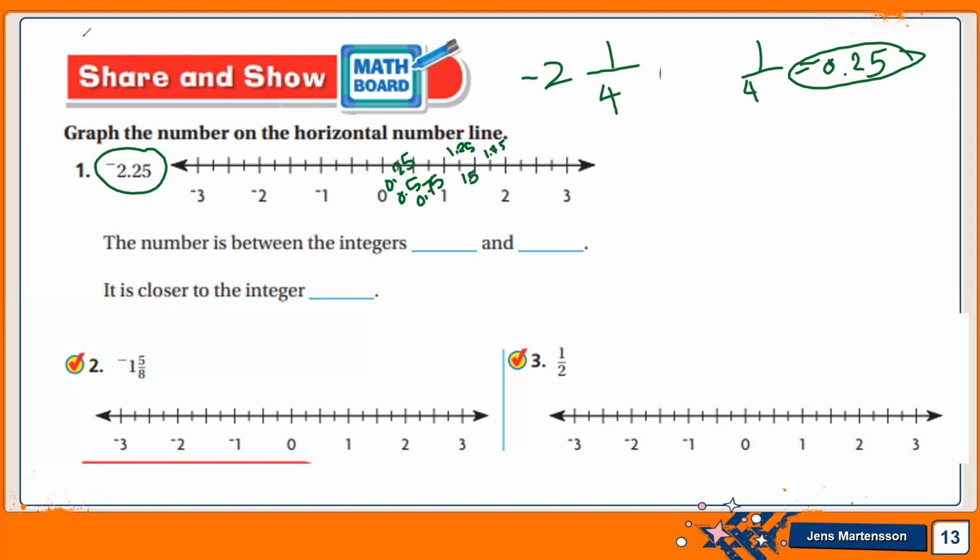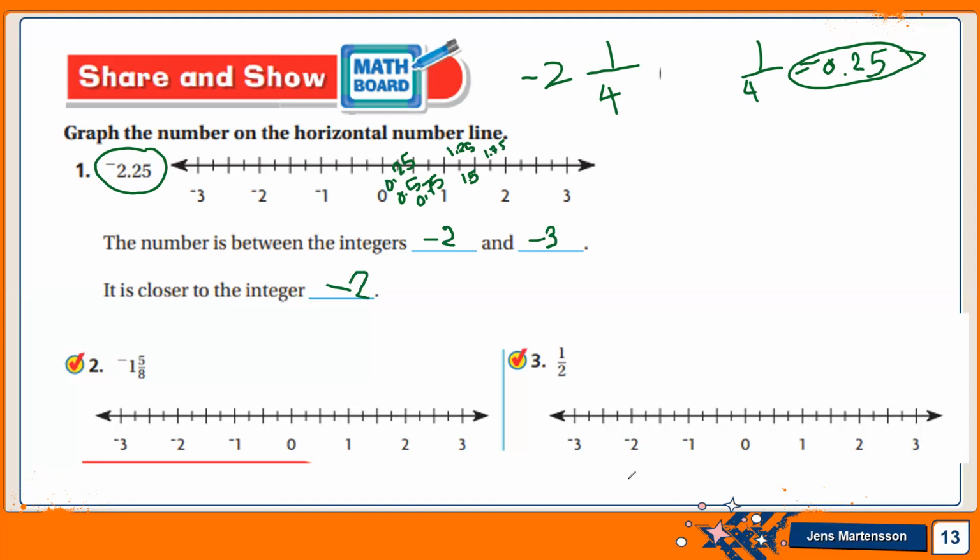Yes, Yara. Negative 2.25. Between which two integers? It is between negative 1 and negative 2. No, it's negative 2 and something. So it's between negative 2 and negative 3. Bravo. And it's closer to negative 2.